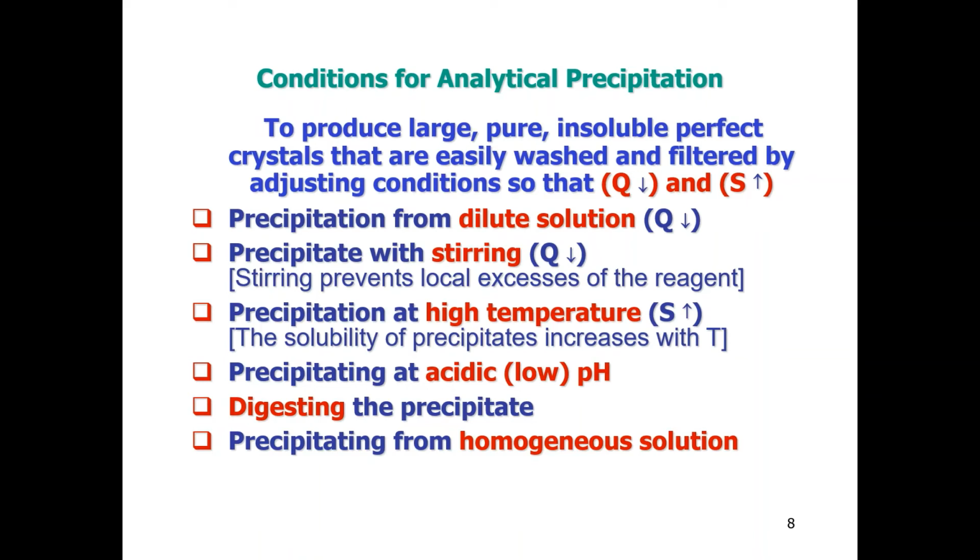Without stirring, that area will have a high concentration, and Q will increase very high. So we don't allow it. That's why when we add our precipitant, it must be added with stirring, so as to distribute it to all parts of the solution and prevent what we call local excess of the reagent. So that's the function of stirring.